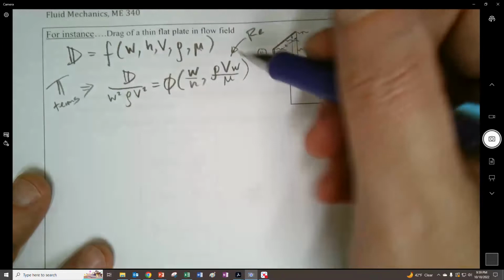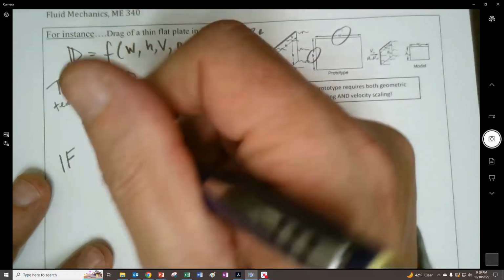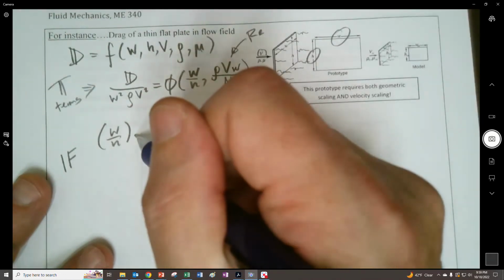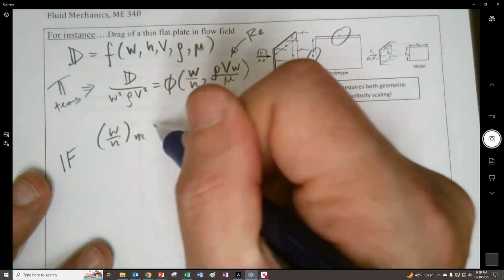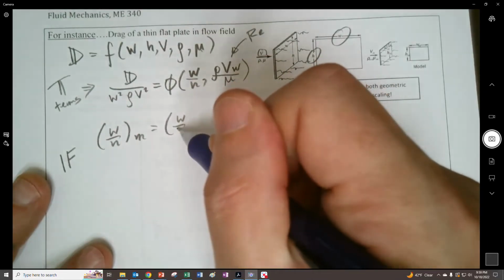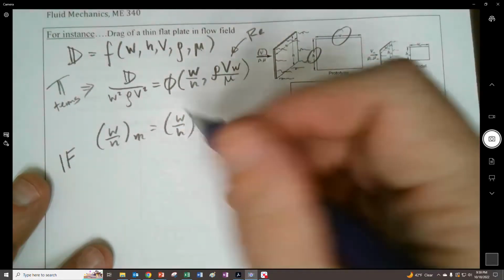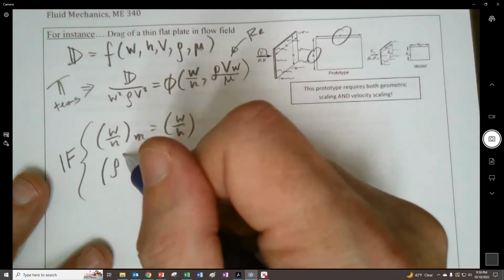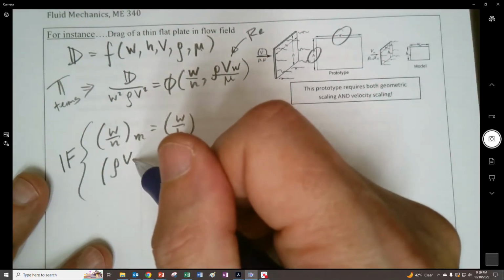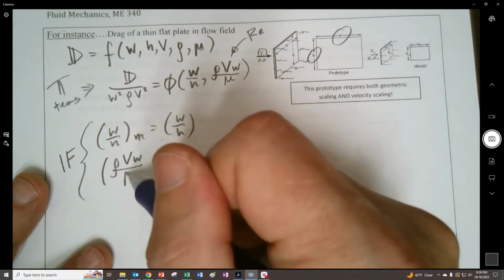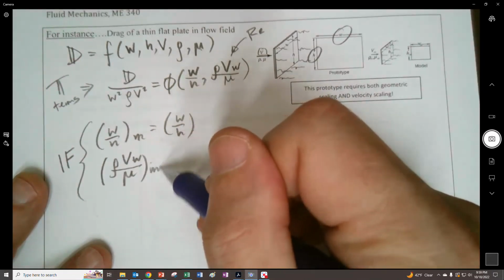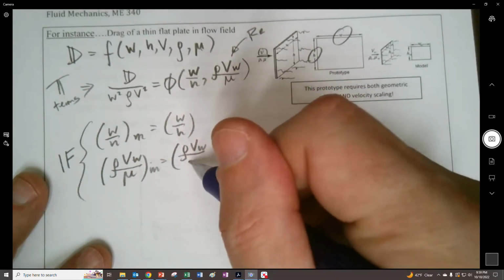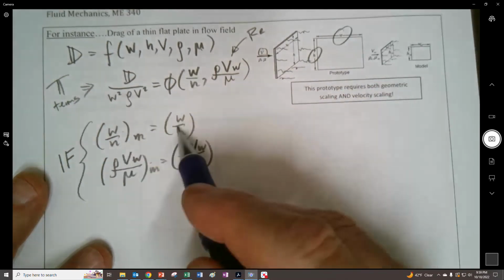So what we're really saying is if the width to height ratio of the model equals the width to height ratio of the real thing, and if the Reynolds number of the model matches the real world, so both of those things have to be true.